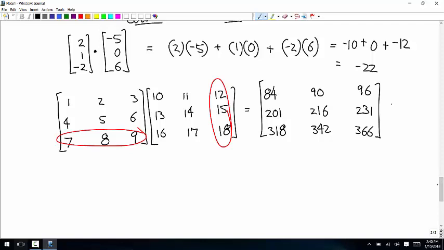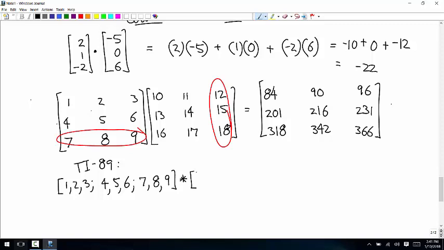So, for example, in a TI 89, you could write this as 1, 2, 3, semicolon, 4, 5, 6, semicolon, 7, 8, 9, close bracket, times the second matrix: 10, comma, 11, comma, 12, semicolon, 13, comma, 14, comma, 15, semicolon, 16, comma, 17, comma, 18, close, and it'll give you this answer.